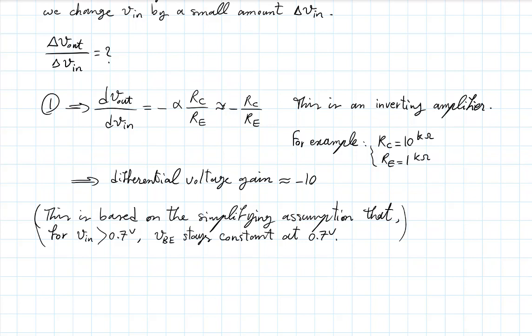You are determining the voltage gain of this circuit, a change in the output over a change in the input, that is more or less determined by the resistors you have used in the circuit, rather than directly by the properties of the transistor itself. It's somewhat insensitive to the transistor. Not entirely. Again, this is based on this assumption. But it captures the essence.